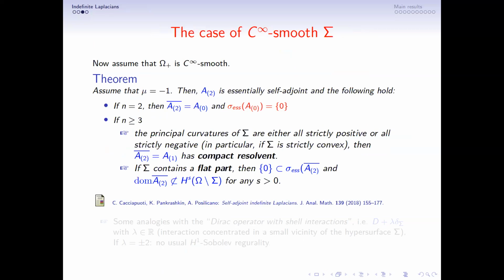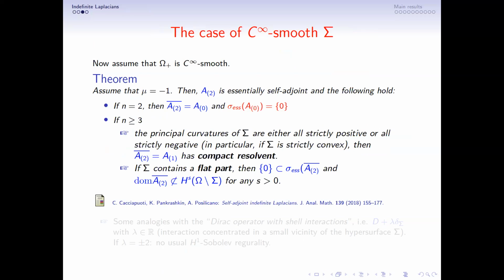But by doing this, in fact, when you add this element, you lose Sobolev regularity. And in fact, we will see it in this theorem in the case of a smooth domain. So now, if we assume that Omega plus, again, that means that this hypersurface sigma is smooth and also the exterior is smooth.